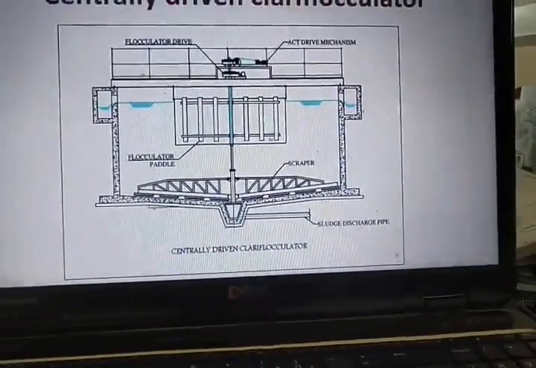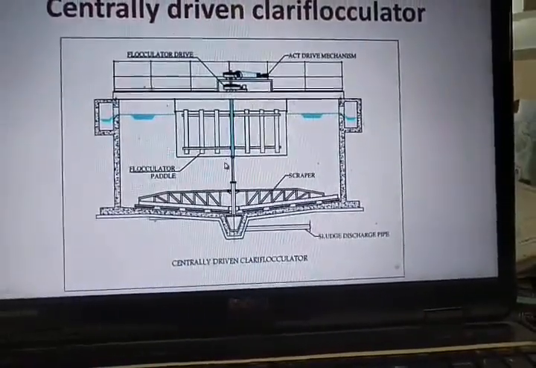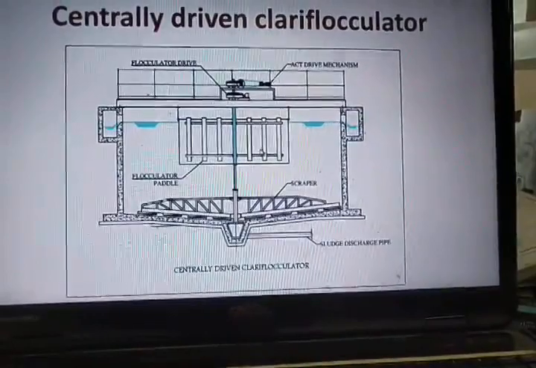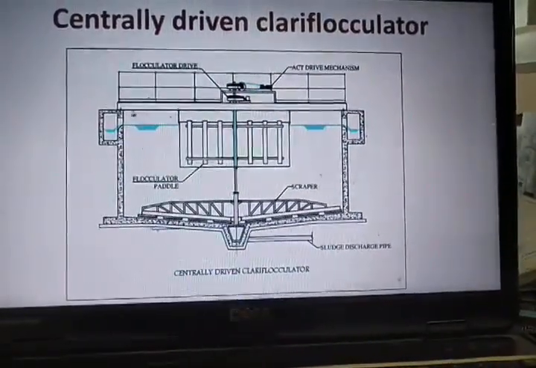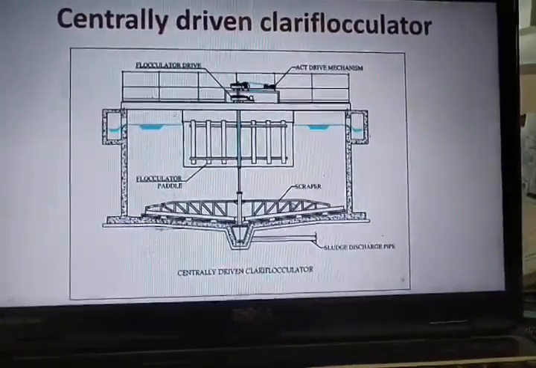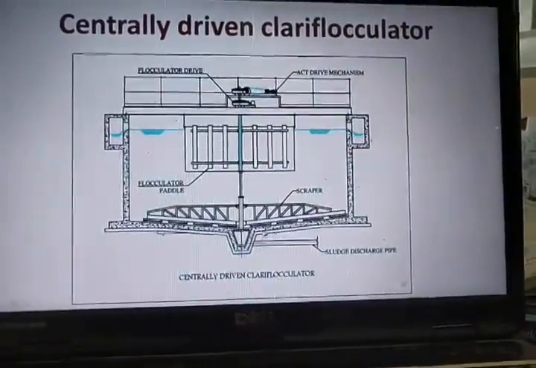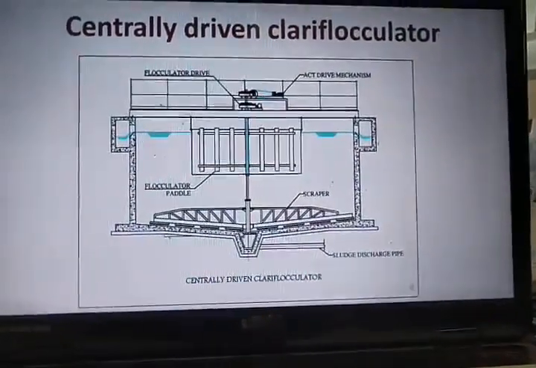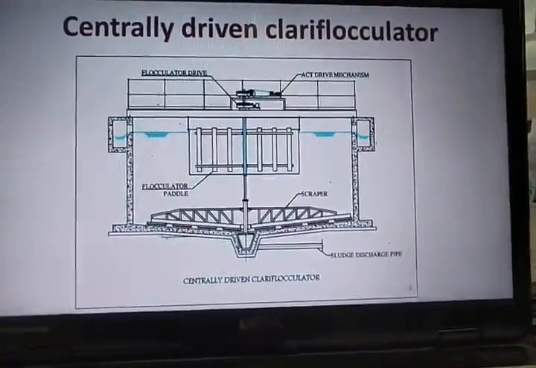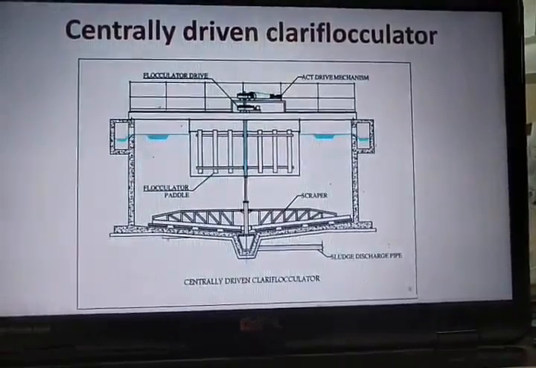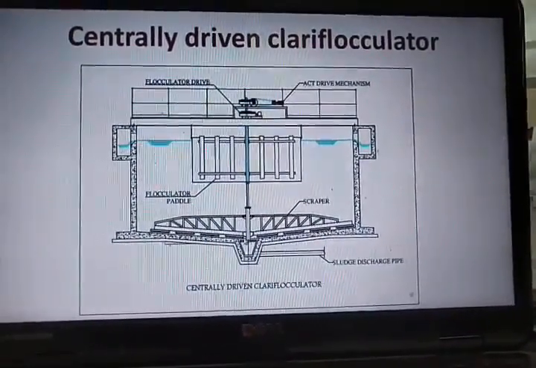Since it involves both processes in a single enclosure or a single tank, it is called a clariflocculator. As you can see, it is a circular sedimentation tank with a slope at the bottom. Usually the slope will be in the order of 1:12, and it has a sludge discharge pipe or sludge area at the bottom.